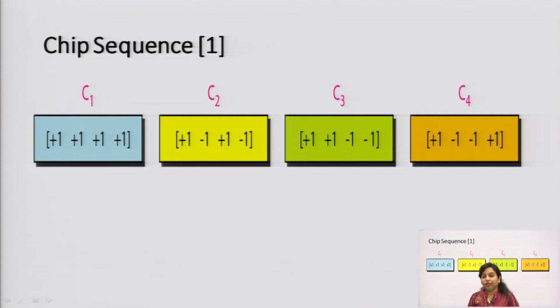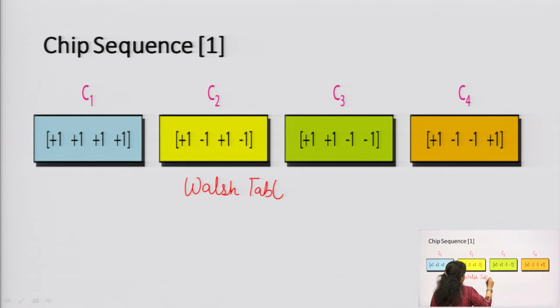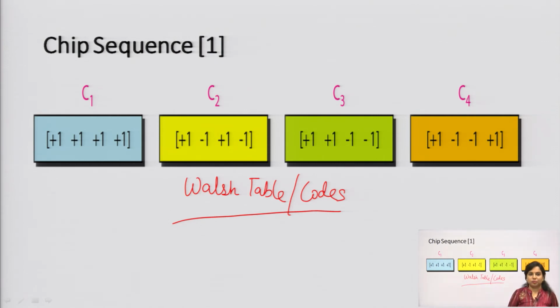Now, these are the different chip sequences. Now, what is a chip sequence? A chip sequence is basically generated by a table, which we are going to see in the next slide, known as the Walsh table, or the Walsh codes. What is a Walsh code? A Walsh code is basically used to generate the codes required for the purpose of code division multiple access.